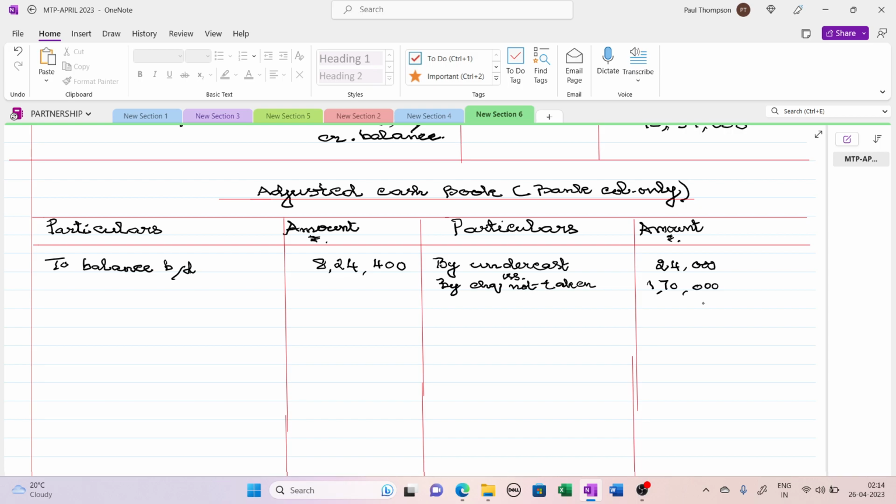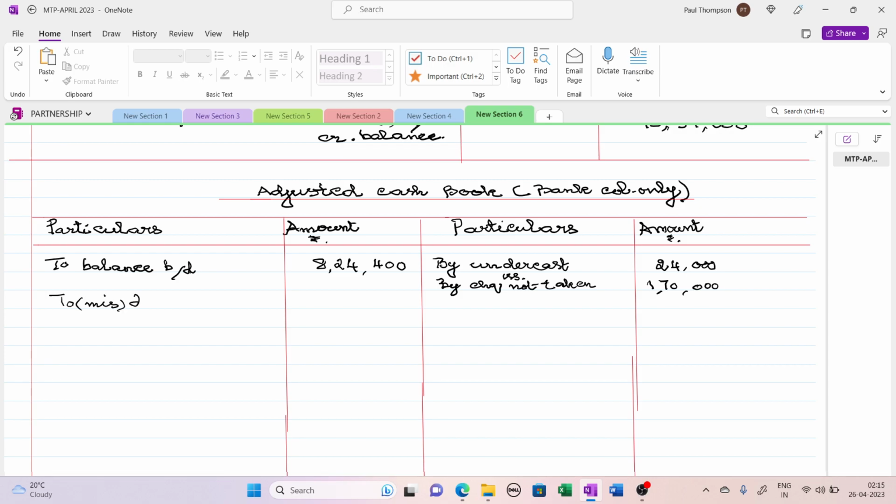Next one says that on 22nd March there was a debit balance of 37,000. I took it as a credit balance. By mistake I made it as payment. So now I have to correct that mistake. So I have to increase my balance by double. This I have already explained.